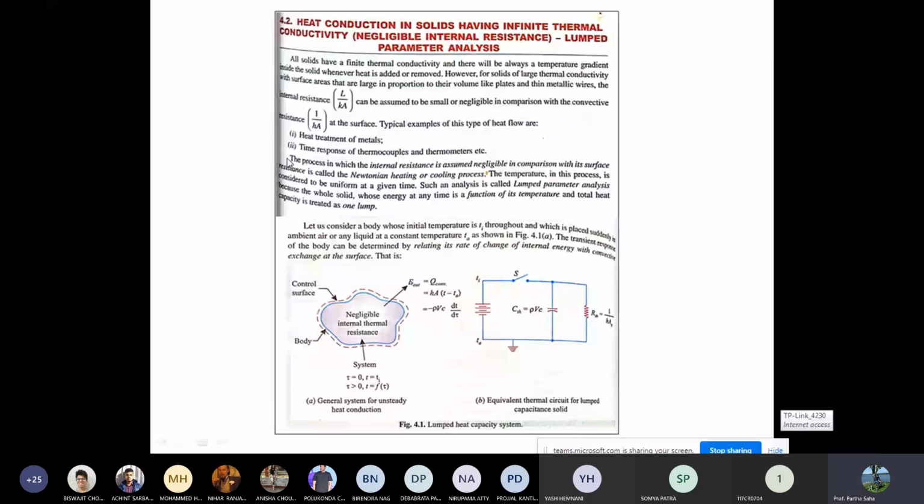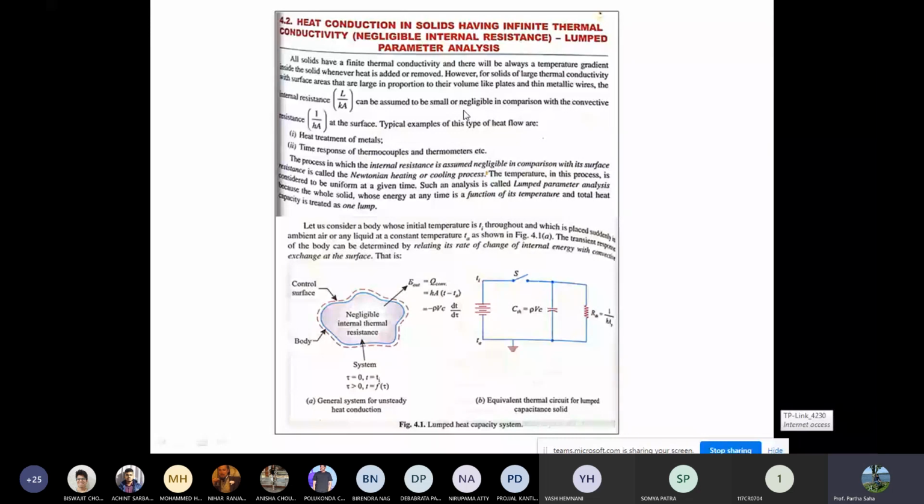So if a solid's thermal conductivity is very high and it has a very large surface area, like a flat plate, disc, aeroplane wings, which have very high surface area relative to their volume, then for those types of solids the temperature gradient changes very fast, as for a metallic wire, because it has a large thermal conductivity and large surface area relative to its volume.